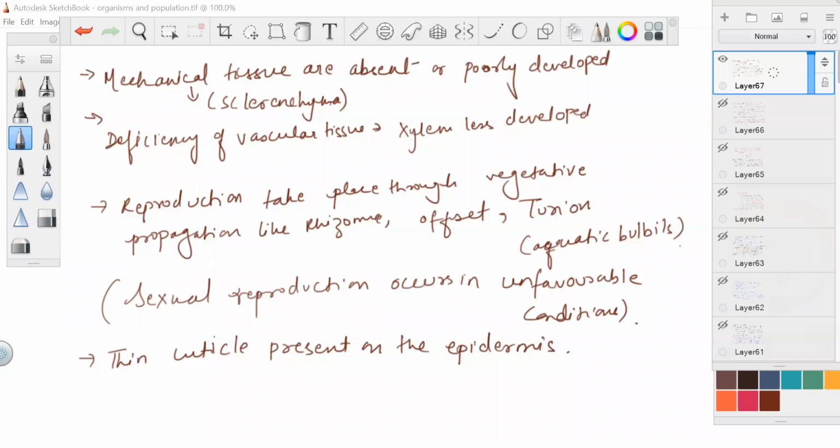Hydrophytes was clear? All of you? How many types? Classification? Three, right? Say, what are the classifications? Look at your notes and say. There are three, right?